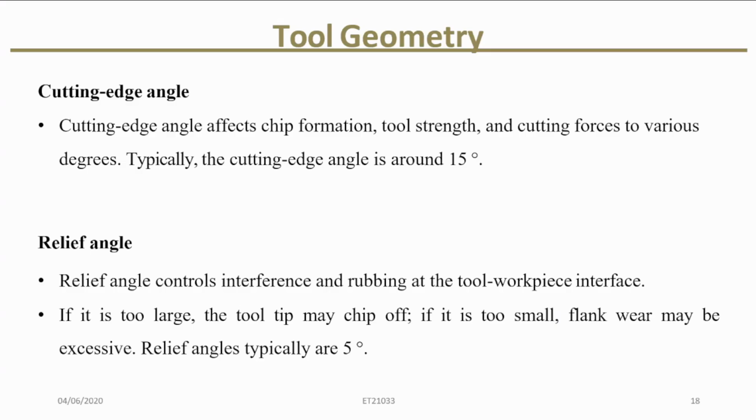It also influences chip flow of the tool and shock. The cutting edge angle affects chip formation, tool strength, and cutting forces in various degrees. Typically, the cutting edge angle is around 50 degrees. So I think you can clear this one.